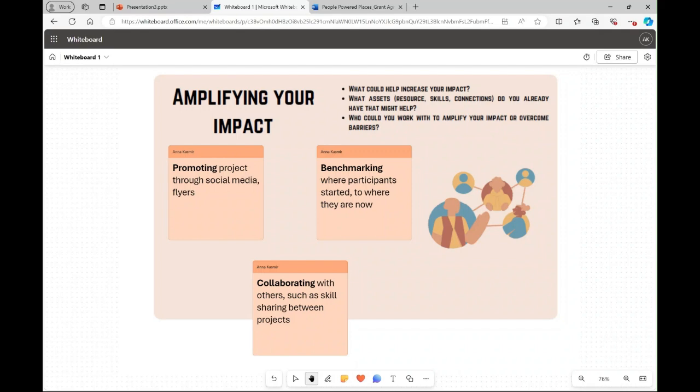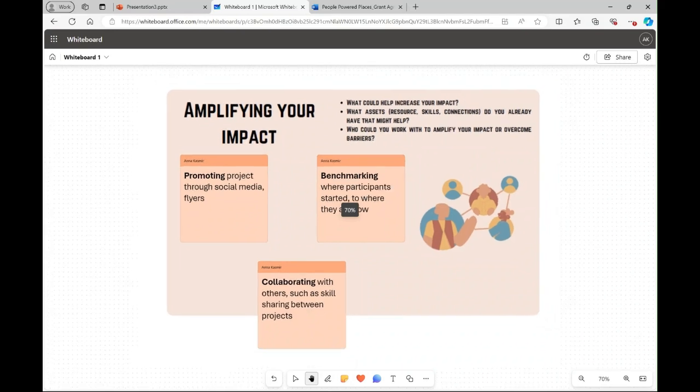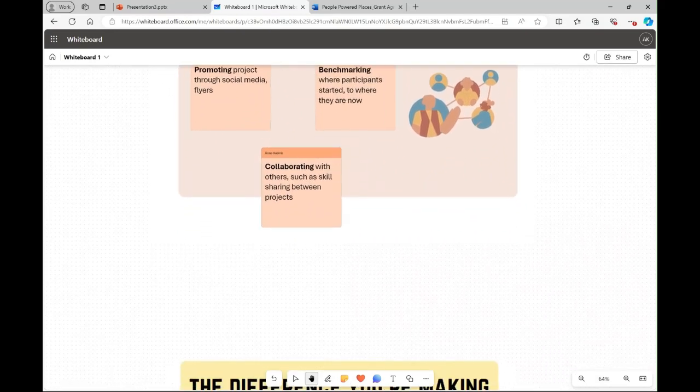So, we were talking about promoting projects through social media, through flyers, through collaborating with others to skill share, but also promote one another's projects. And we also spoke about the importance of benchmarking. This is important to do at the beginning of projects, so it might be too late in your projects to start this, but think about where they were before they got involved in your sessions and how they've improved now that they've taken part in them. So these are different ways of amplifying your impact.